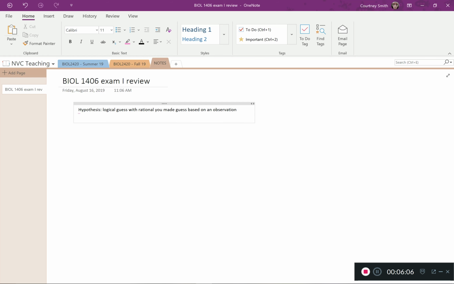And then also with hypotheses, they have to be testable. They have to be testable, okay? So you have to be able to physically run an experiment with them, okay?